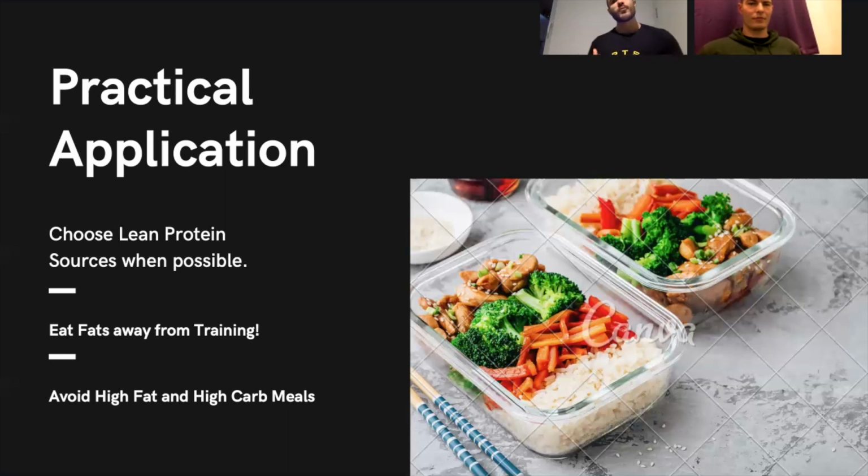So normally the combination of carbs and fats makes very tasty food, right? But it's not the best. Why? Because basically you get an energy bomb, okay?